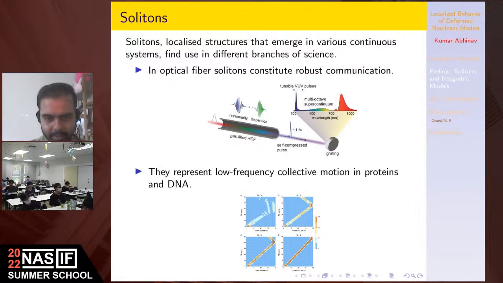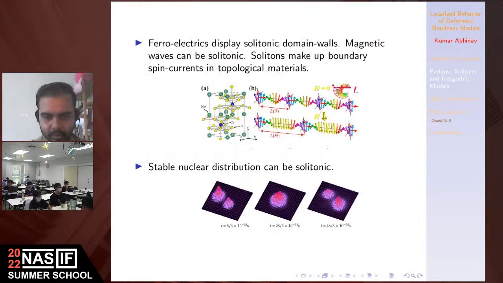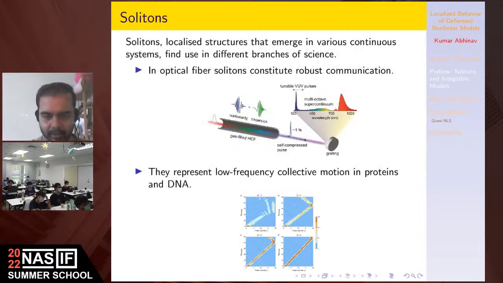There, the vertical axis is time, and the horizontal axis is space. If you see a diagonal line, that means that it is something which is localized in space and time. You have to visualize it yourself.